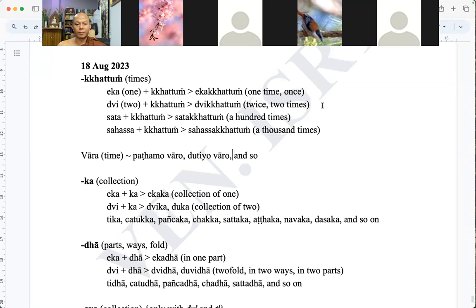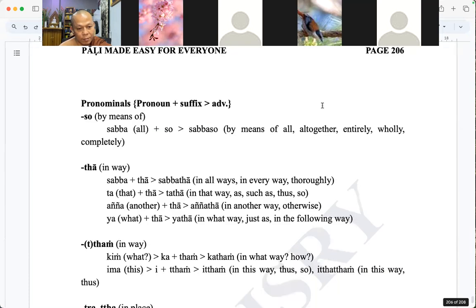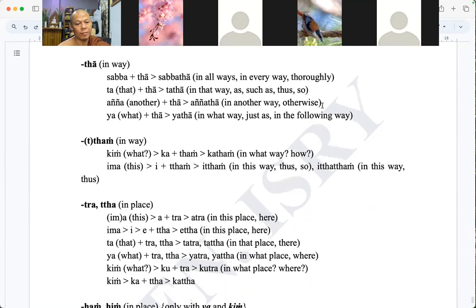Another point, Bante, it is in the suffix of pronominals of manner. So we have yathā. With yathā here, Bante, we also have the word yathābhūta. Yathābhūta is not a sandhi, it is a compounded word.